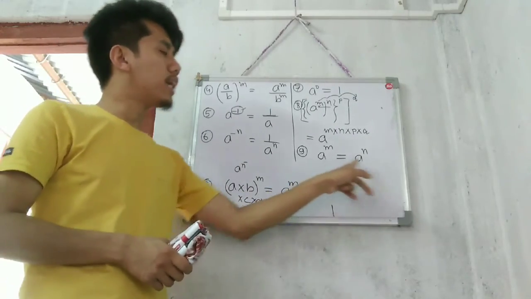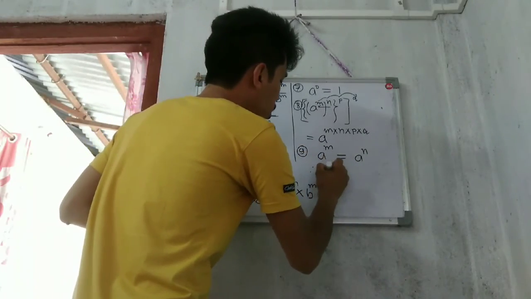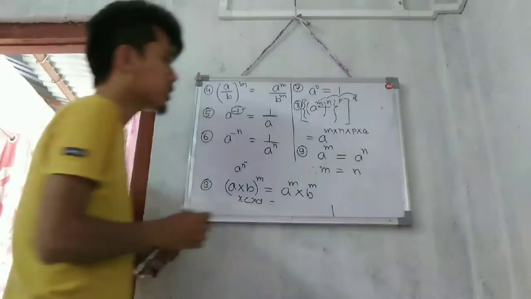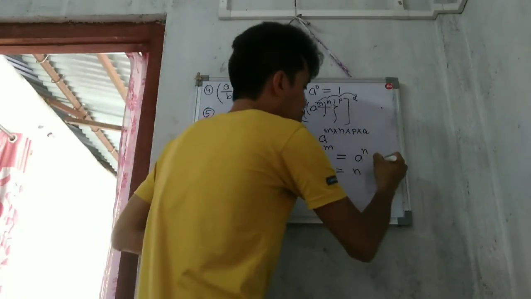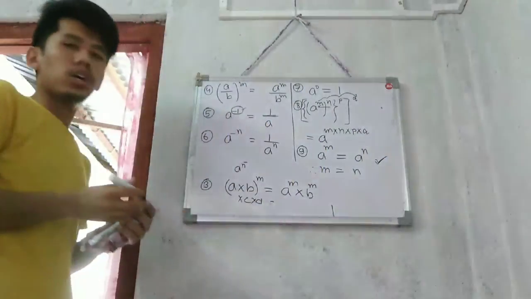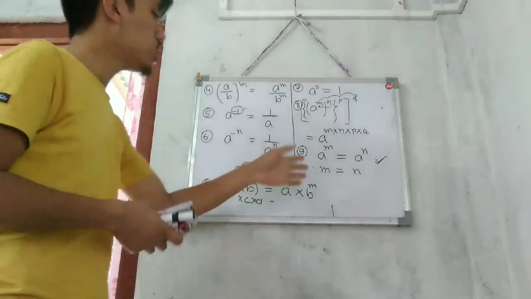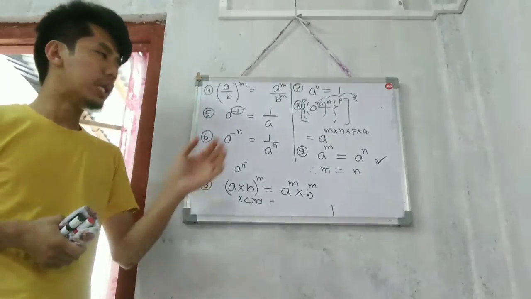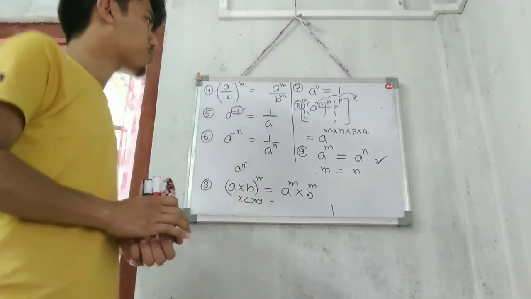So if their bases are the same, what happens in this case? Their powers will also be the same. That means m is equal to n. This is also an important formula. So when we have to solve any problems, we have to use this formula also, especially whenever we have any problem in terms of equations.